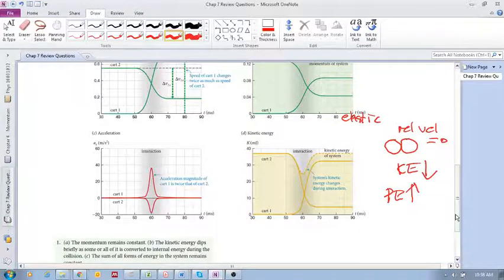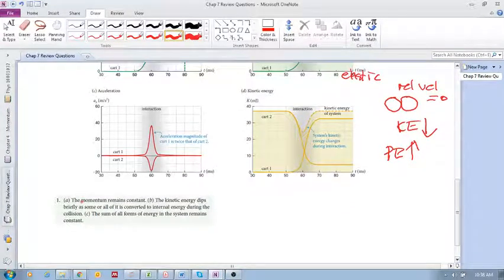Okay, so the answer is the momentum remains constant, but the kinetic energy dips briefly as some or all of it is converted to internal energy, potential energy. Right, there could be heat there as well, but I think the main thing we can look at is potential energy during the collision.